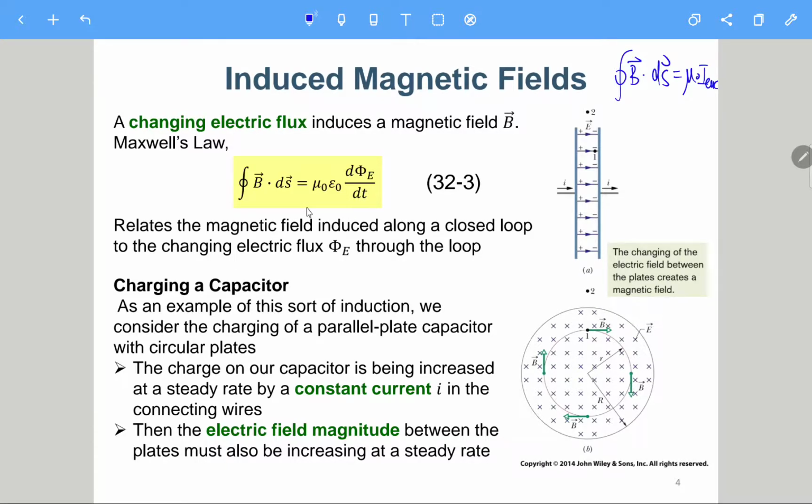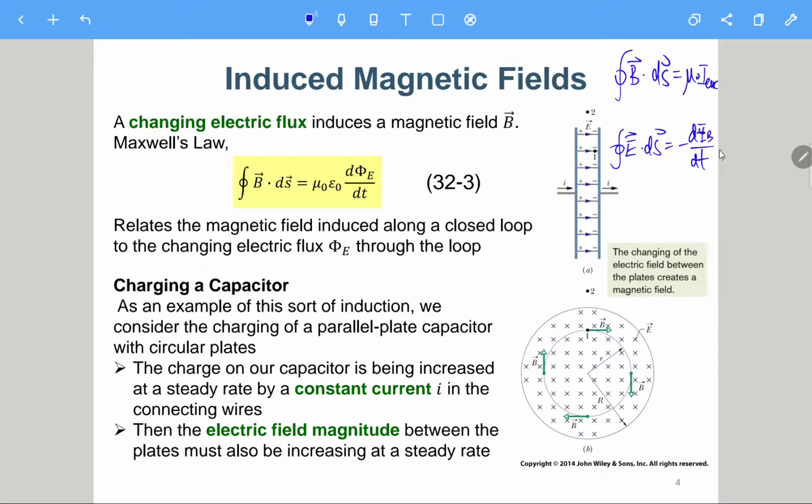Compared with chapter 30, the Faraday's law, we have E dot ds equals minus d phi B dt, if you still remember.